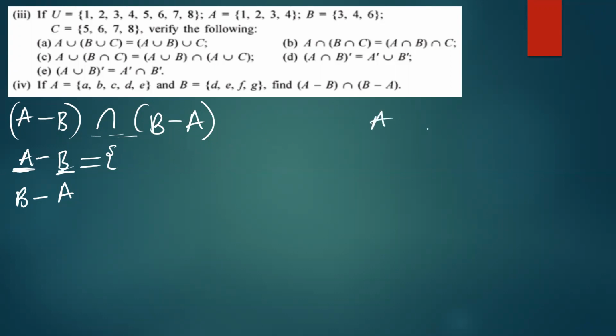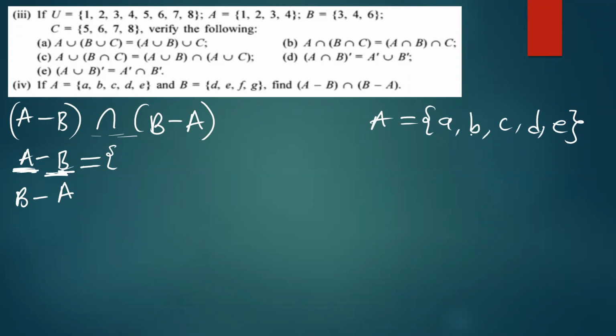A is simply {A, B, C, D, E}. To find A minus B, we have to list A excluding the elements that are in B.